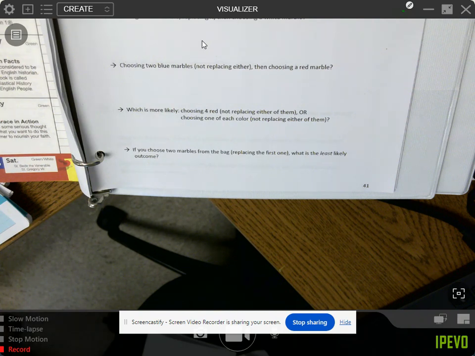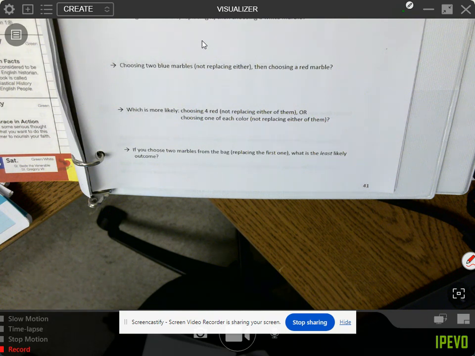which is more likely? Choosing 4 red, not replacing any of them, or choosing 1 of each color, not replacing any of them. You put either, it should say any. So you're not replacing any of the marbles in either situation. So what do we have to do to solve this?